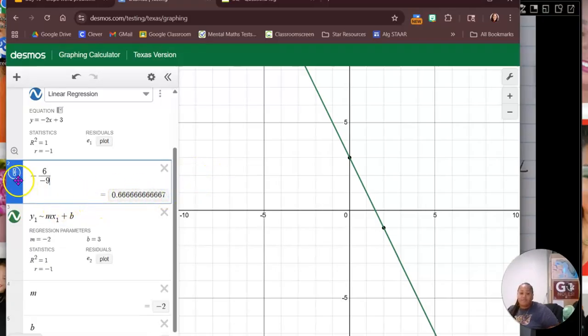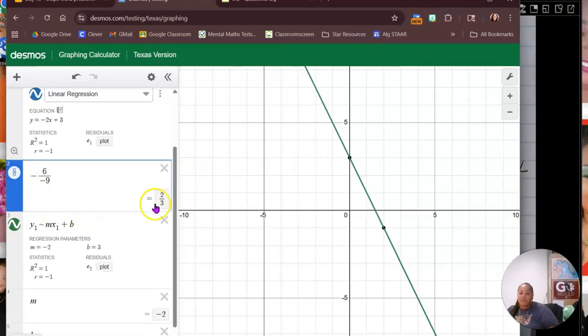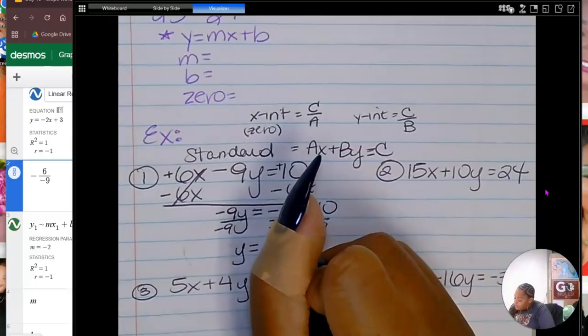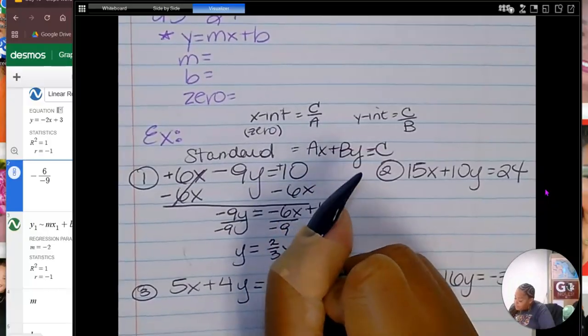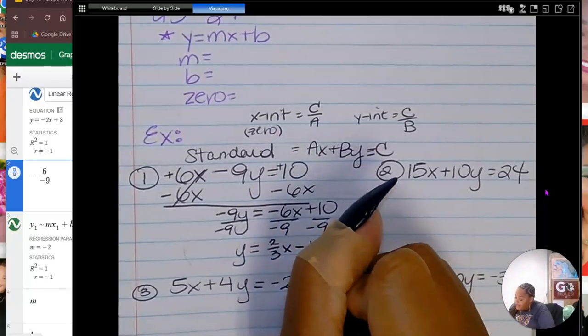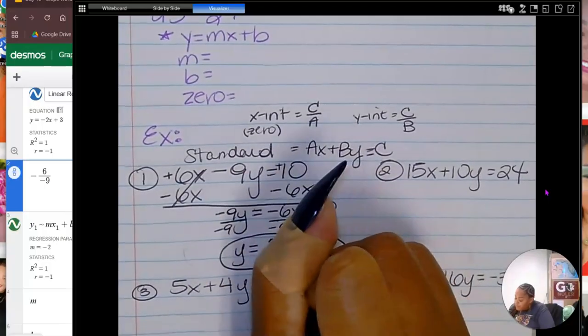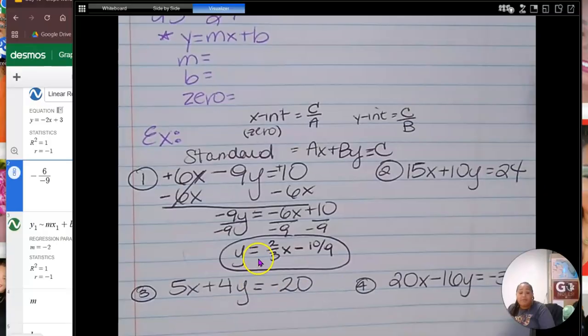And then it gives me a decimal, so I click on this button here to turn it into a fraction. This is 2/3. So now I change this to 2/3 x minus 10 ninths. That will be my final equation, and this is already simplified.